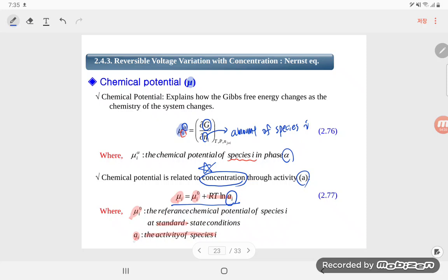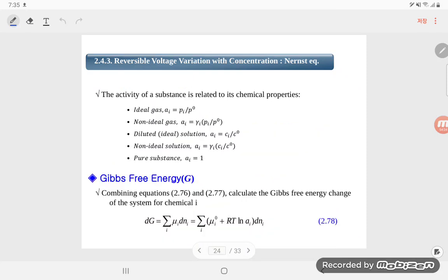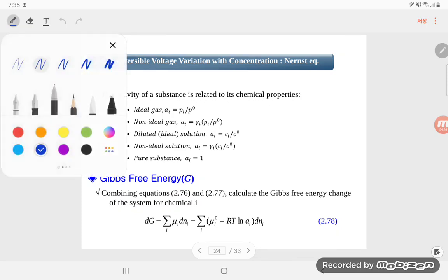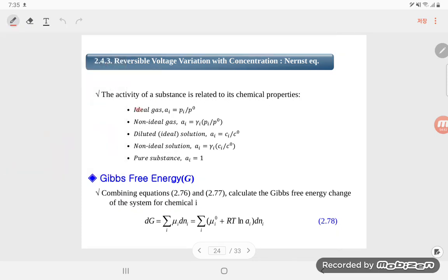And what is the activity in here? It depends on the phase, gas or pure or not mixed. So let's take a look at this one. If the species is an ideal gas, then the activity means the partial pressure.